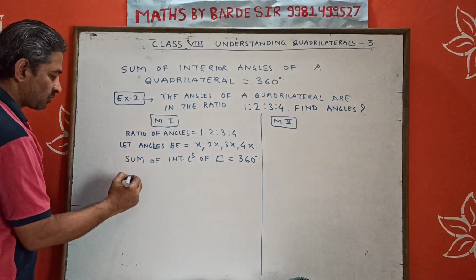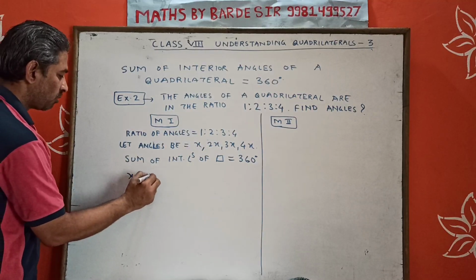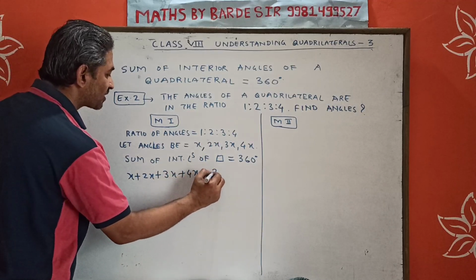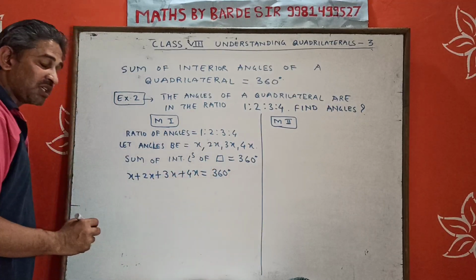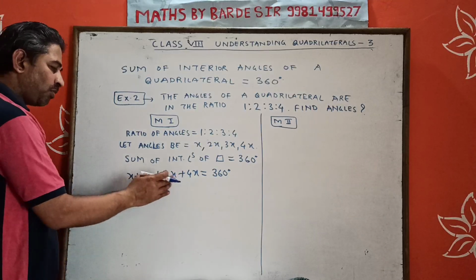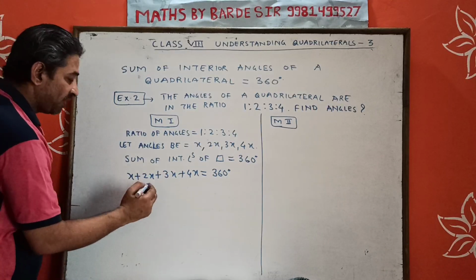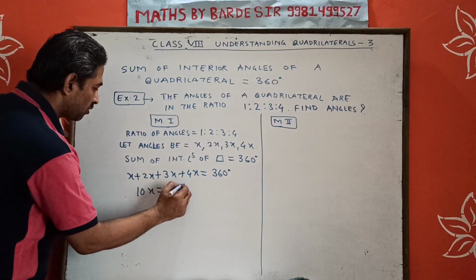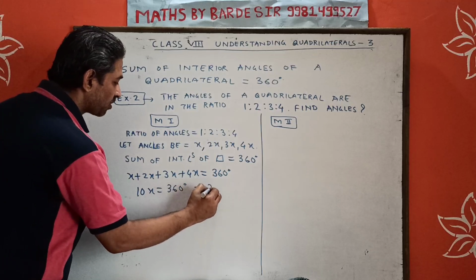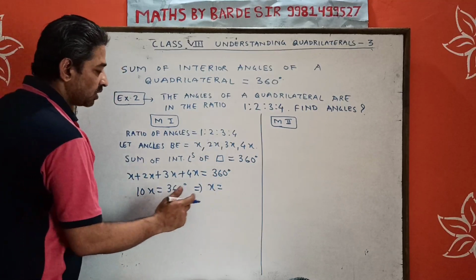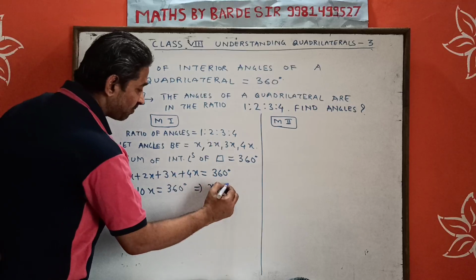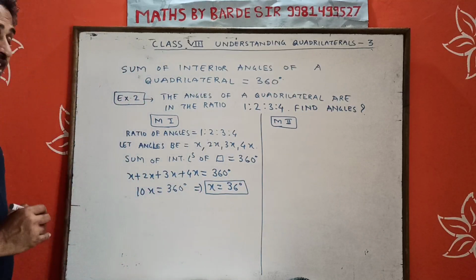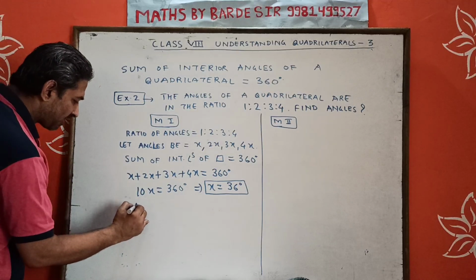Sum of all, so we'll get here x plus 2x plus 3x plus 4x is equal to 360. 4 plus 3 is 7, plus 2 is 9, plus 1 is 10. We get 10x is equal to 360 degrees. Therefore x is equal to 360 divided by 10, 36 degrees.